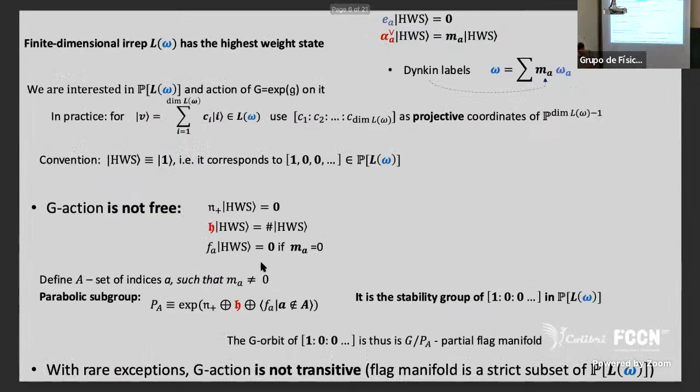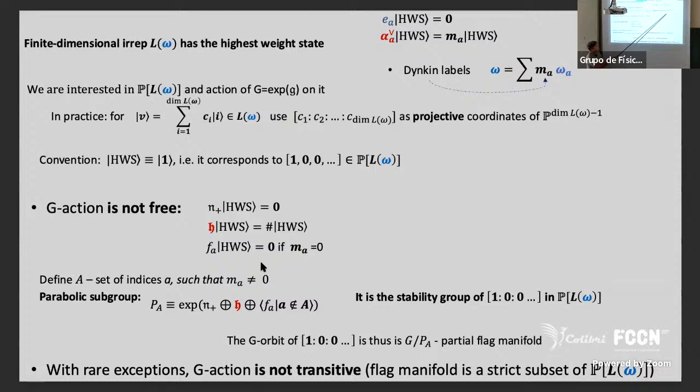And what we're interested in. Our representation space is a vector space, but we are going to projectivize it. What it means: if you take a vector in the corresponding representation, we decompose it in some weight basis. C will be the coefficients of the decomposition, and we consider the coefficients as homogeneous coordinates on the corresponding projective space.